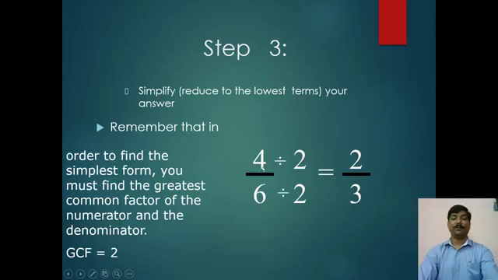So now we divide 4 by 2 getting 2, and 6 divided by 2 getting 3. In this way we get the fraction 2 upon 3. This 2 upon 3 is the simplest form of 4 upon 6. So 2 upon 3 will be the answer to your problem.